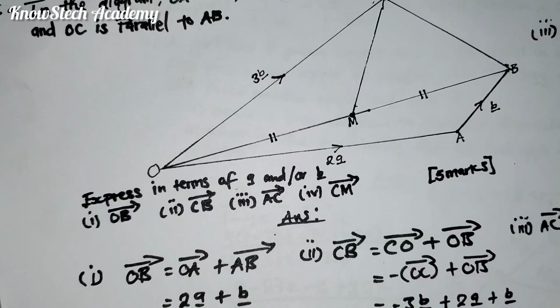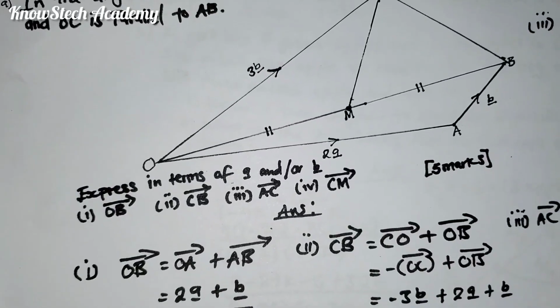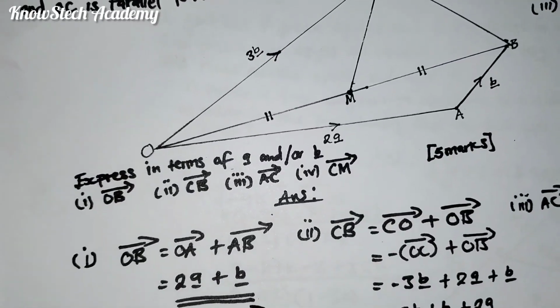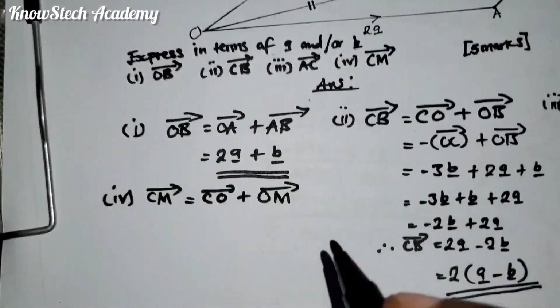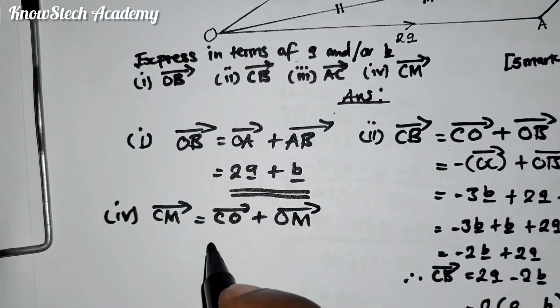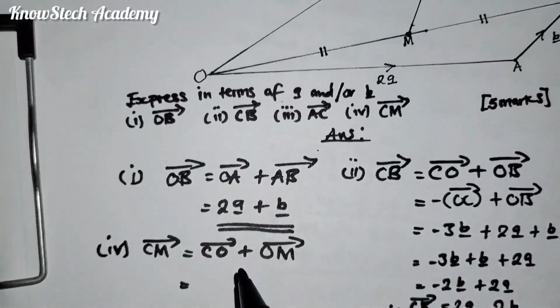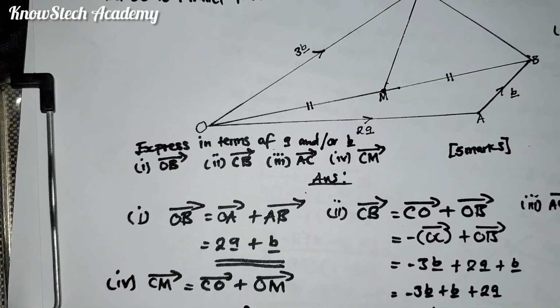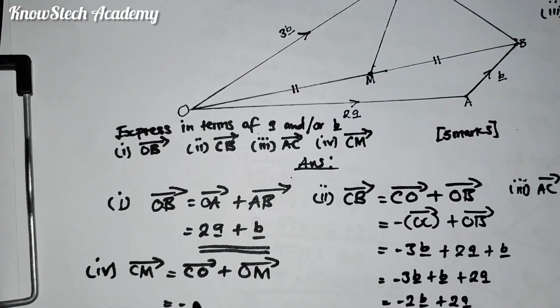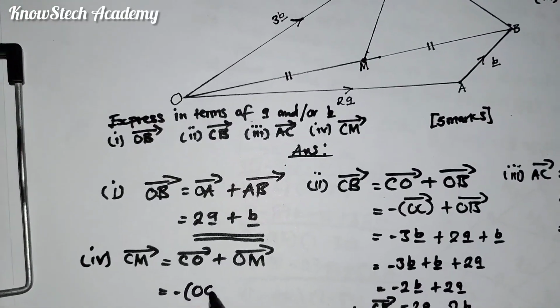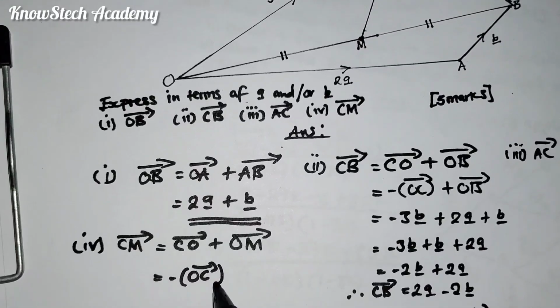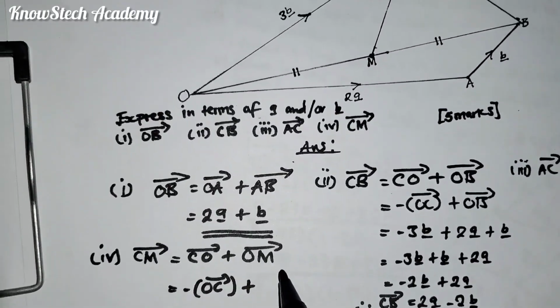CO plus OM. So CO is opposite. Look at that, it is negative OC, plus OM.